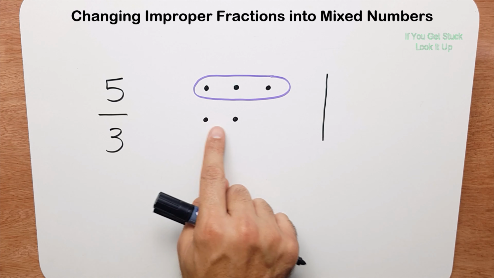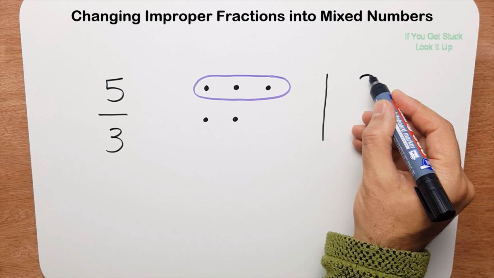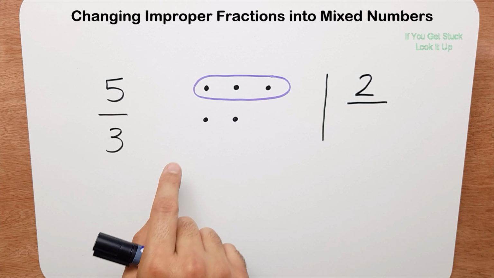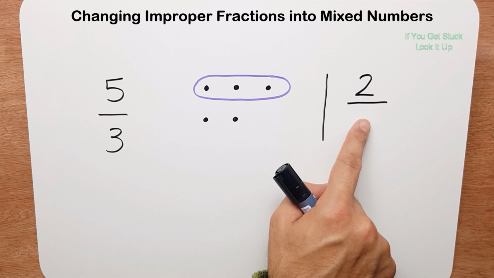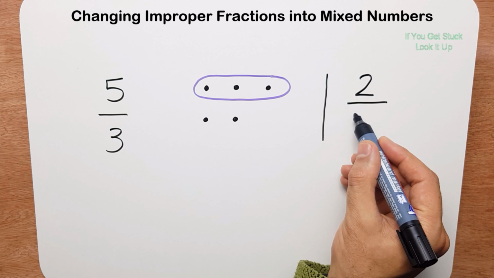And I've got 1, 2. That's my remainder. So the 2 goes at the top. There's my fraction line. And this 3 goes at the bottom because I've got 1, 2, 3 in each group.